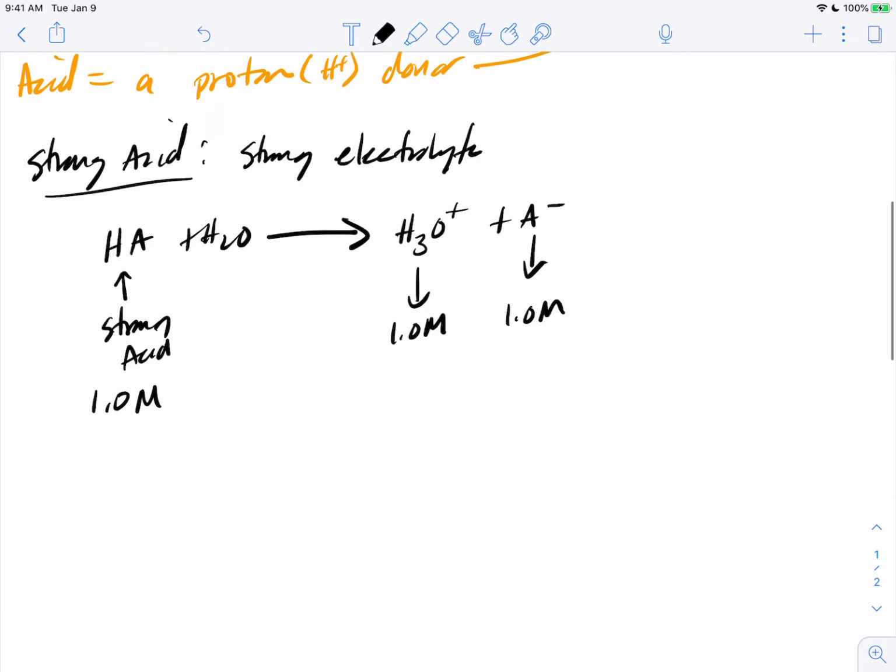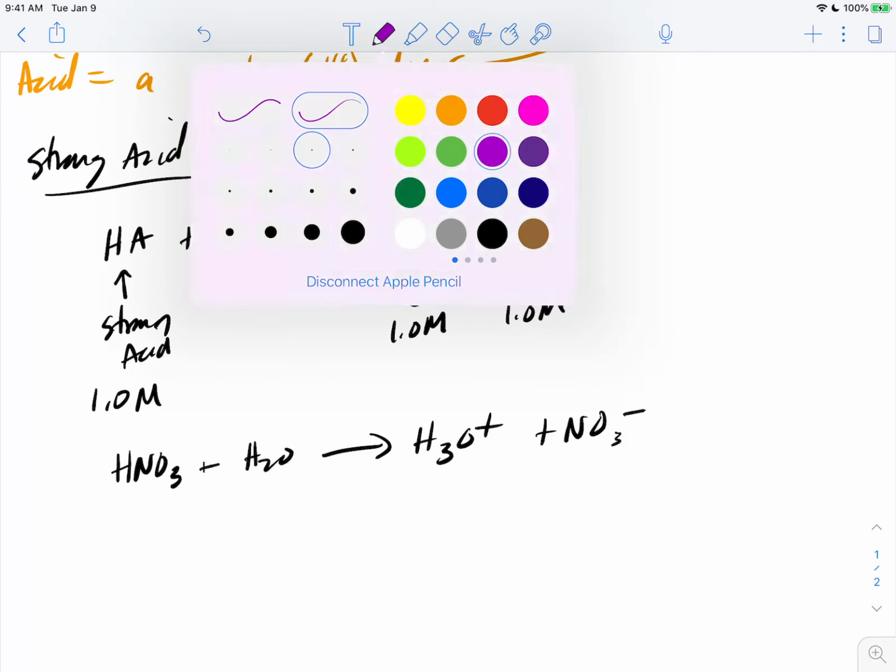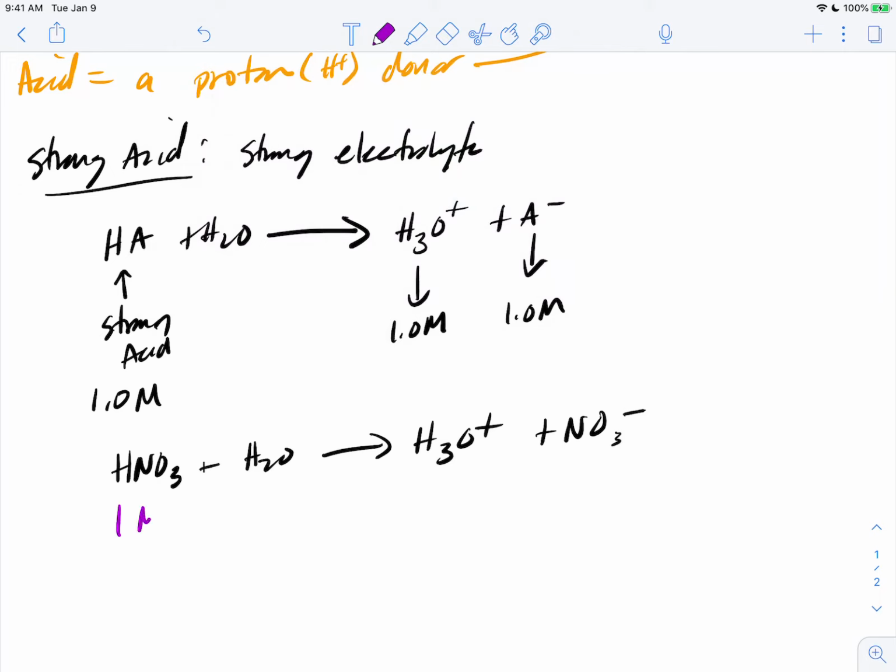For example, HNO3 plus H2O makes H3O plus and NO3 minus, and if I had 1 molar HNO3, I would have 1 molar H plus and 1 molar NO3 minus, because we define HNO3 as a strong acid.